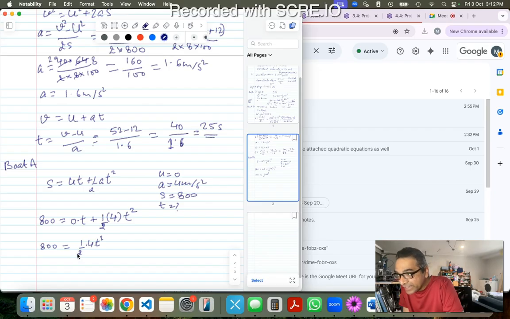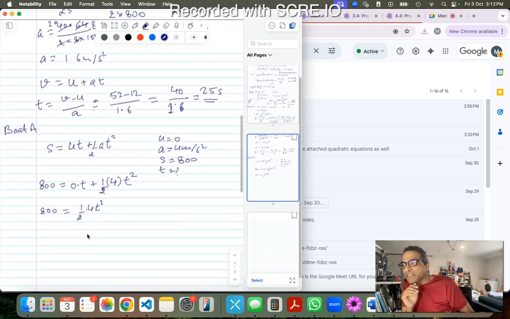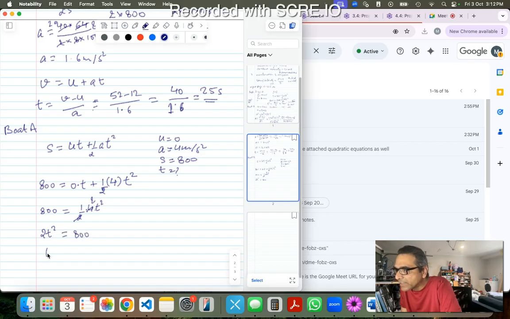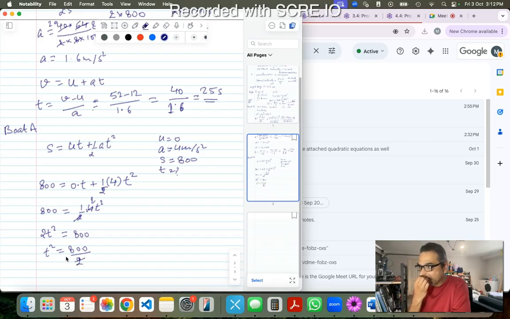Okay. Now, in this case there are many ways to do that, but the simplest way is, because here 2 is dividing 4 already as a coefficient of t squared, we can cancel it out as 2. So it's simply like 4 divided by 2, and that answer gave us 2. So if I just do it like this, 2t squared equals 800, which eventually leads us to t squared equals 800 over 2, right?